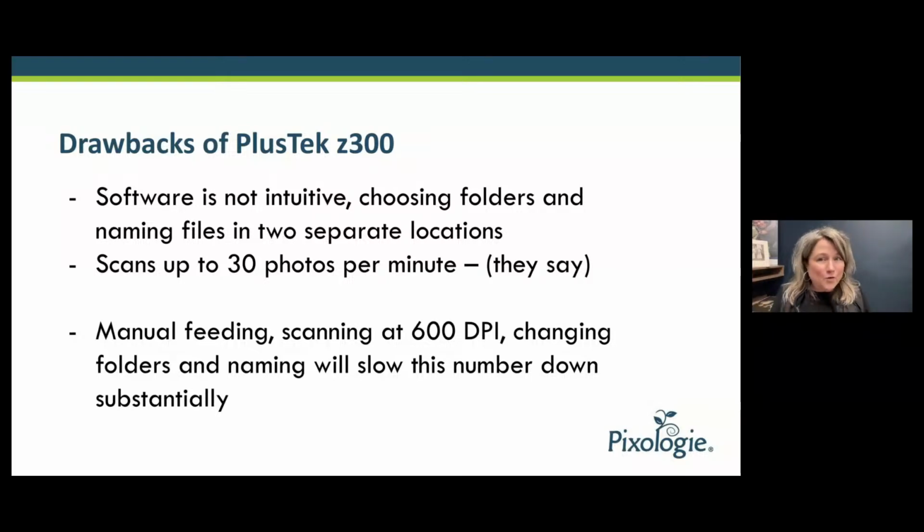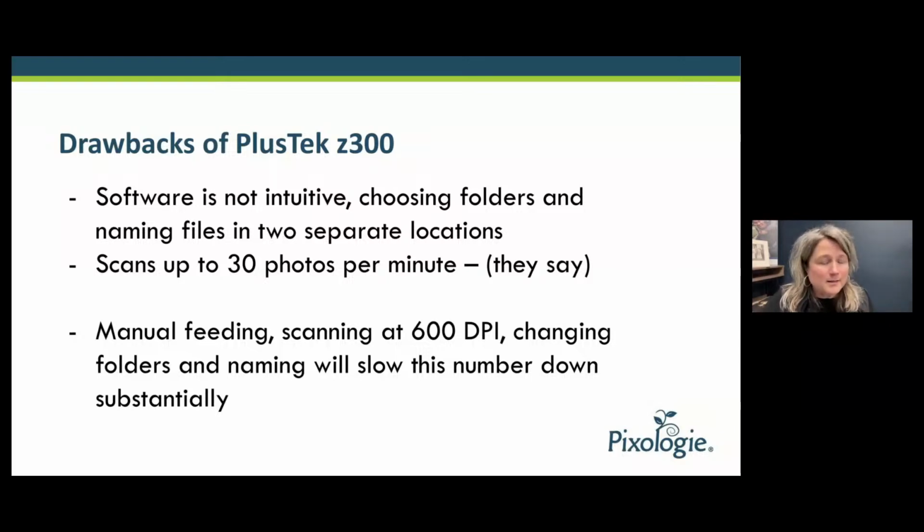A shoebox holds 1,000 pictures. So just to give you an idea, you'd have to feed those through manually. Our arms would fall off here, but some people may not have as many photos to scan. Manual feeding, you're going to want to scan at 600 dots per inch. That's the preservation level of scanning.